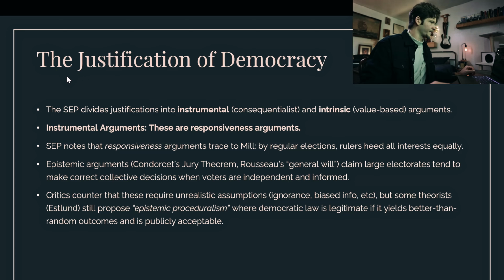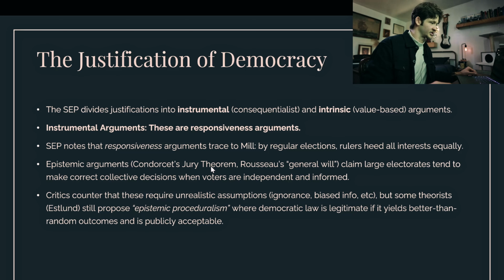So we have the justification of democracy. The SEP divides justifications into instrumental, which are consequentialist arguments, and intrinsic, value-based arguments. Instrumental arguments are responsiveness arguments, and the SEP notes that responsiveness arguments trace to Mill: by regular elections, rulers heed all interests equally.